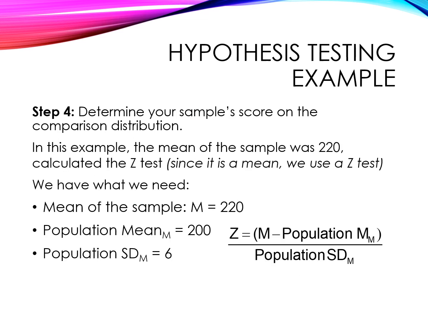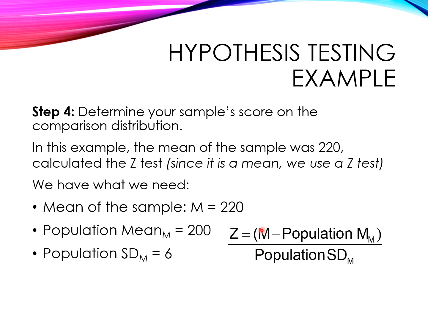Step 4, determine your sample score on the comparison distribution. So now we have to figure our z, okay? In this example, the mean of the sample was 220. We calculate the z-test; since it's a mean, we use a z-test instead of the z-score. They're kind of used interchangeably, just make sure that you're using the right pieces of information in the score. So we have our mean of the sample, which is 220.